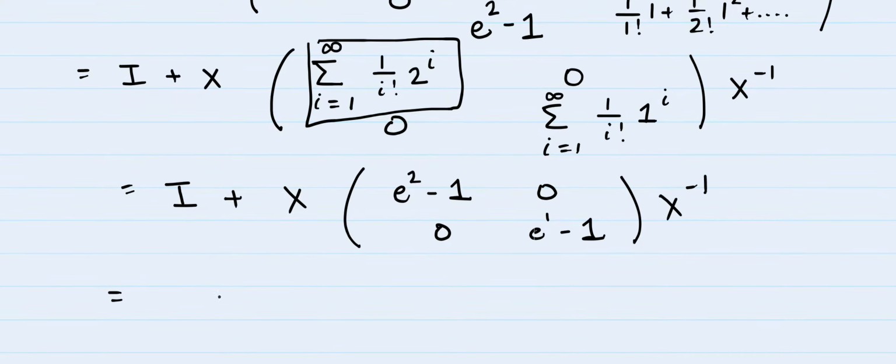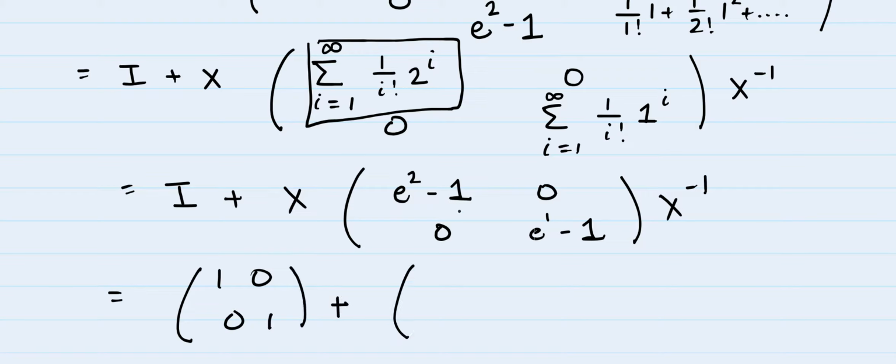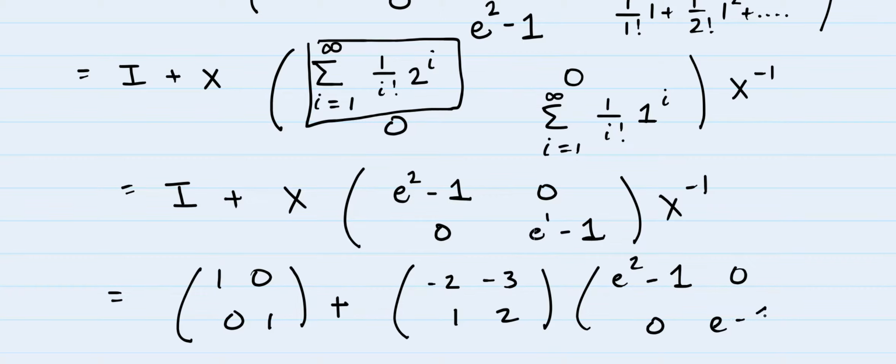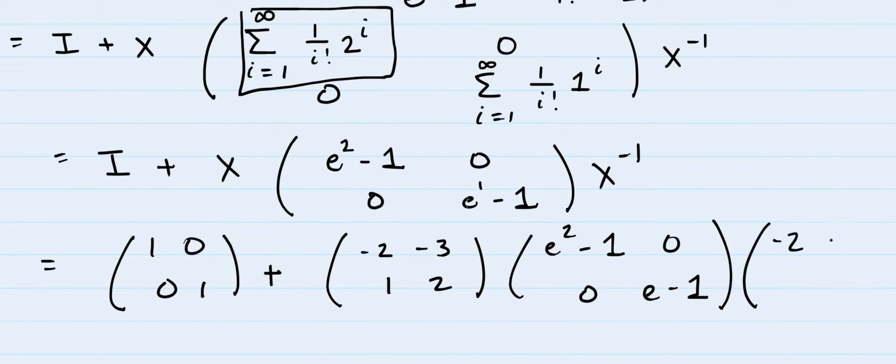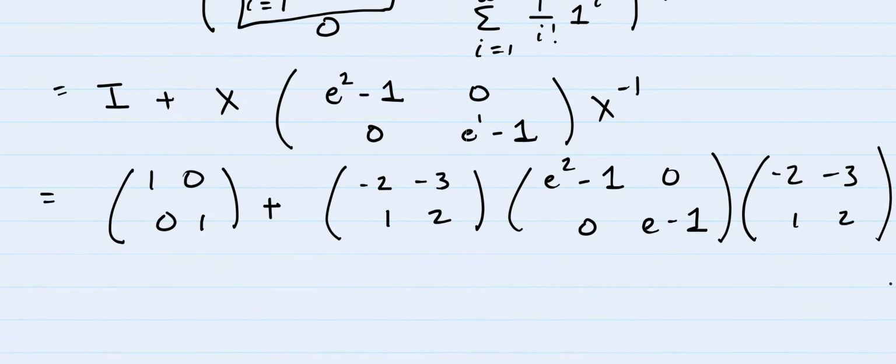So we can just say that this is 1, 0, 0, 1 plus, well, X was -2, -3, 1, 2 times e squared minus 1, 0, 0, e minus 1, -2, -3, 1, 2.